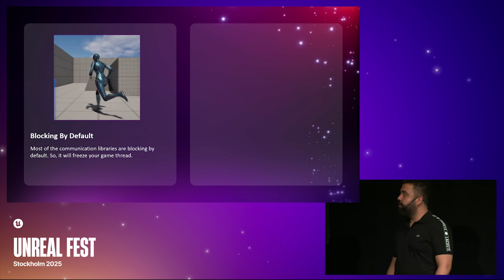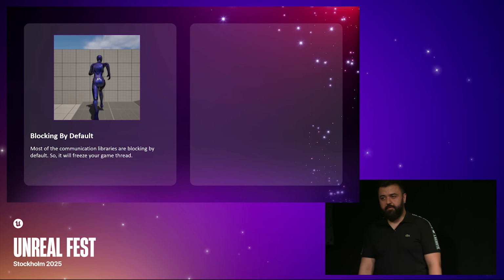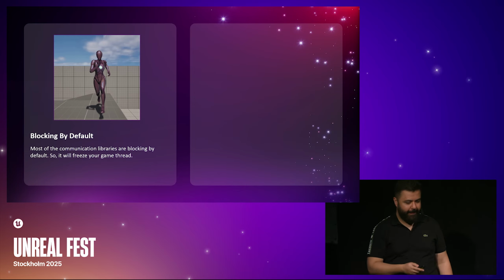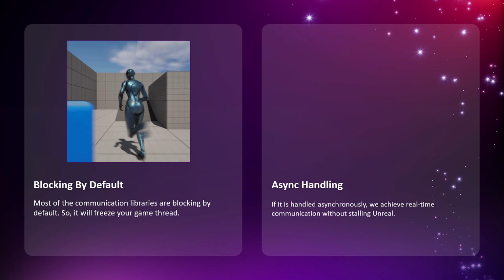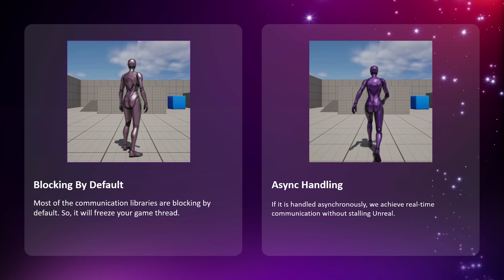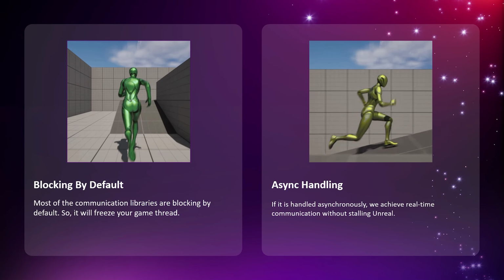Unfortunately, you will only be able to see the updates when the message is received. And this is probably not the result you want. To prevent this, you need to handle those functionalities in an async way. Once you provide asynchronization, your game thread will finally be free.